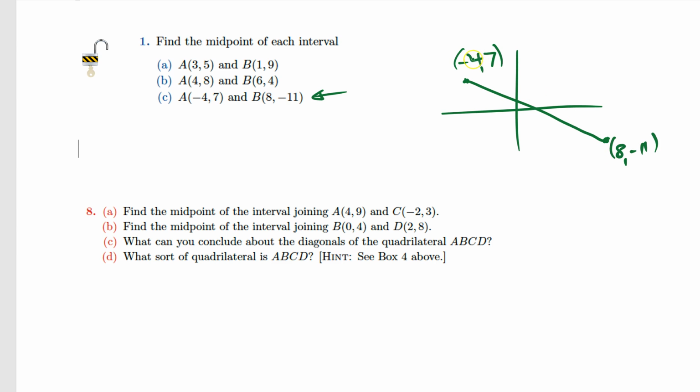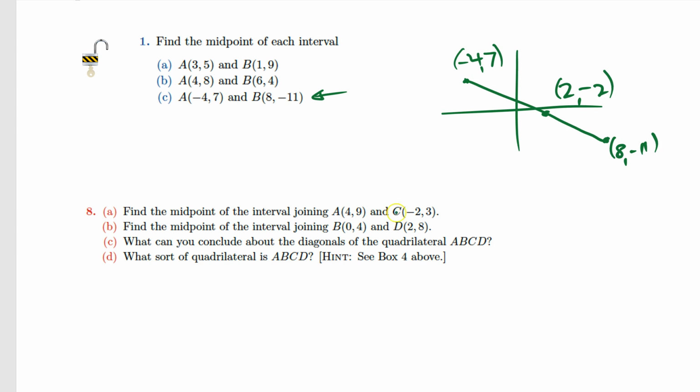So the average of the x's, 8 plus minus 4 is 4, divided by 2 is 2, that looks okay. 7 plus minus 11 is minus 4, divided by 2 is minus 2. Even on my diagram, that looks possible.